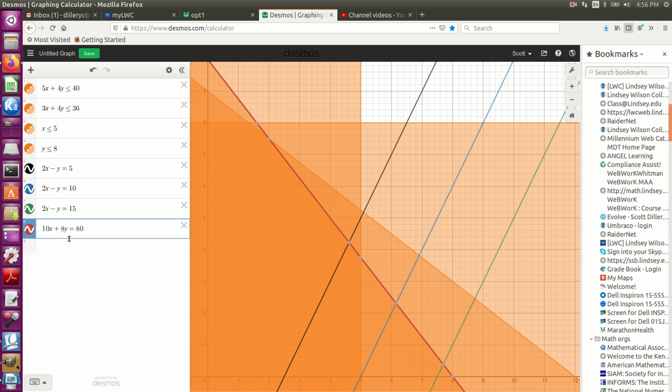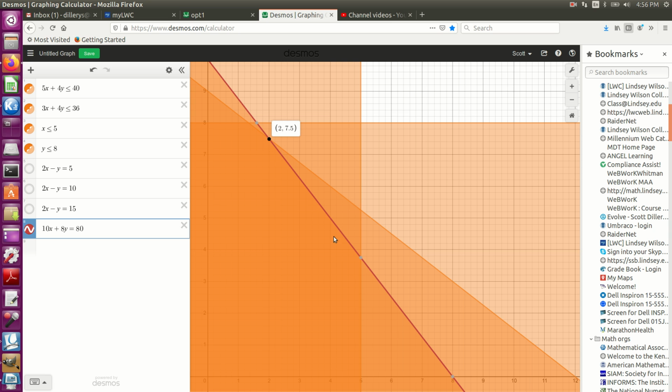Doesn't usually happen, but it can. And in that case, we're still at corners. That corner and that corner both work. So it's still true that it works at the corners, but it also works anywhere in between those two corners, in this case, because all those points fit those constraints.